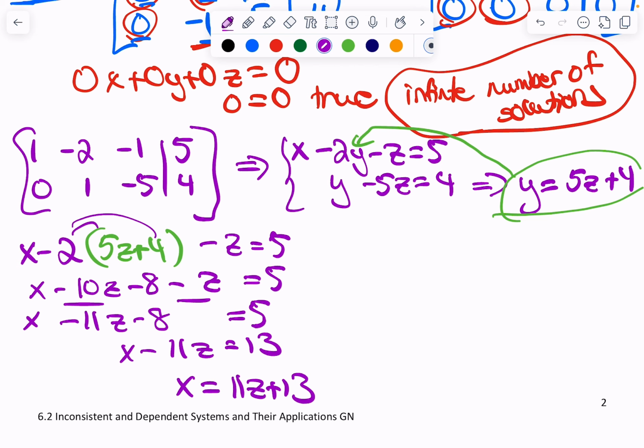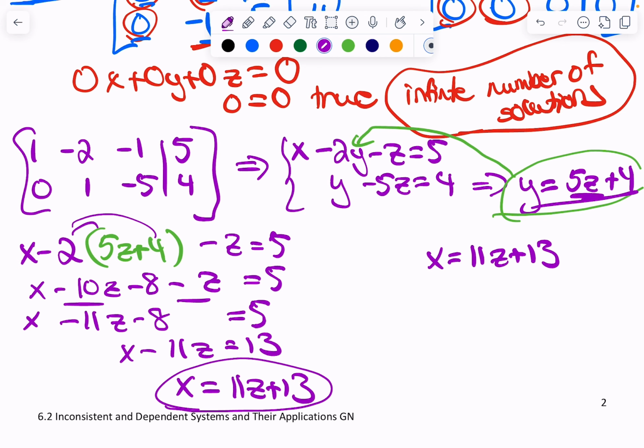Okay, so now we have x equals 11z plus 13, we have y equals 5z plus 4, and our z is going to be z because, again, we have an infinite number of solutions, so z can be anything.